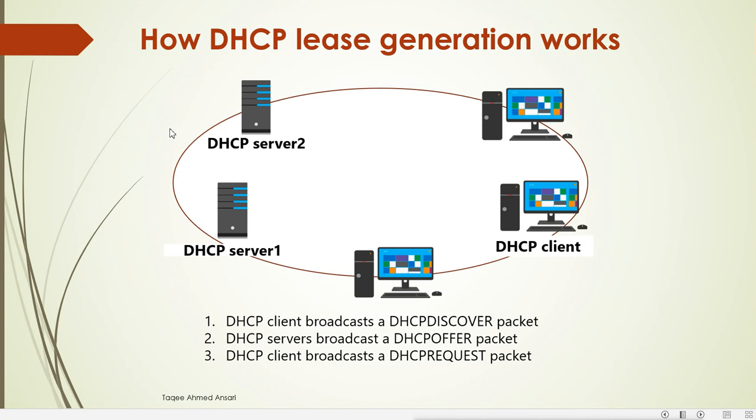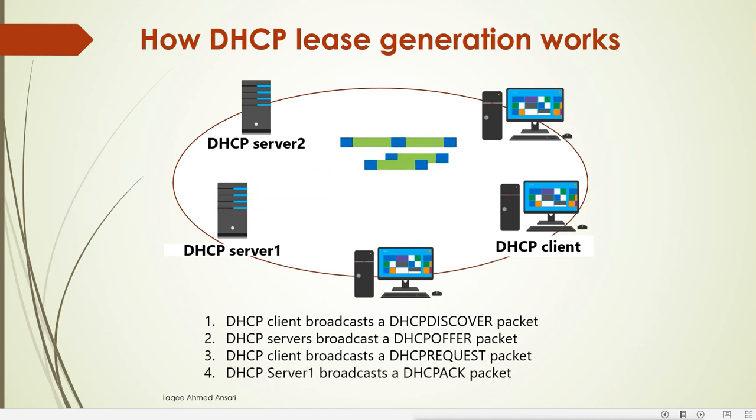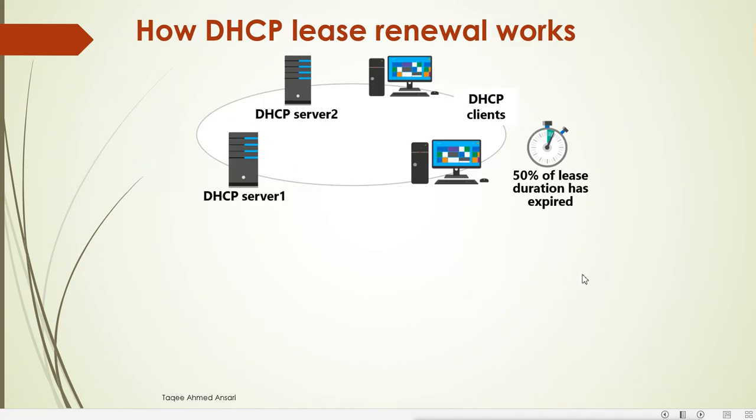So it records the IP address given to the machine name, and the lease time, notes all the information, and then sends the acknowledgement to the client that you are getting this IP address and now you can use it. This acknowledgement is coming from server 1 specifically because this server is providing the IP address to this client. So this is the whole process of giving the IP address to the client.